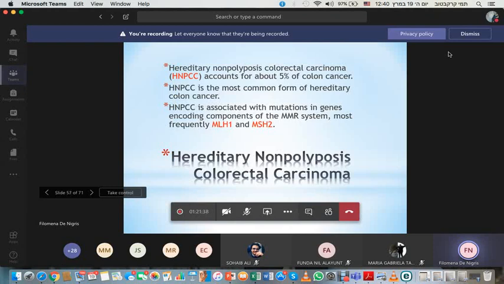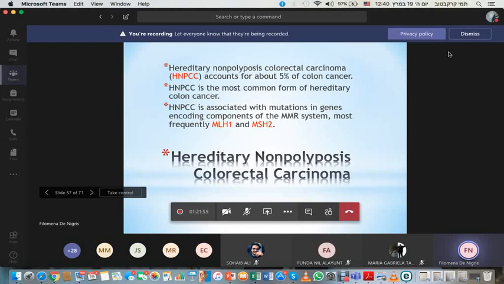Also for colorectal cancer, if we observe a family history, we have the opportunity to follow these two genes.